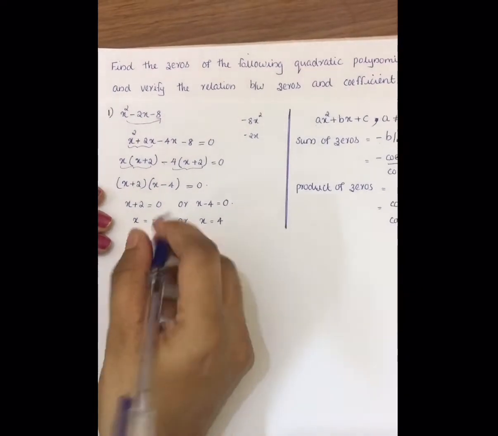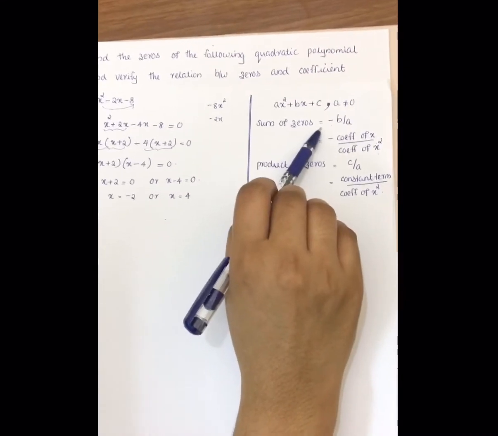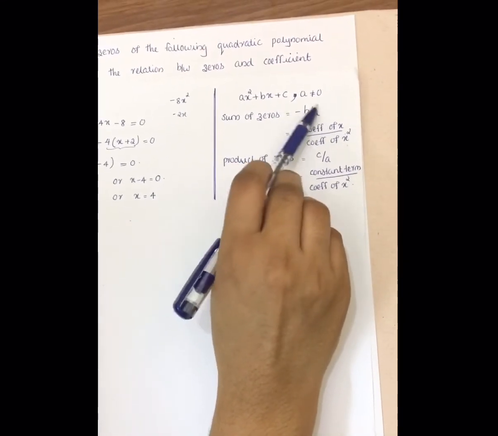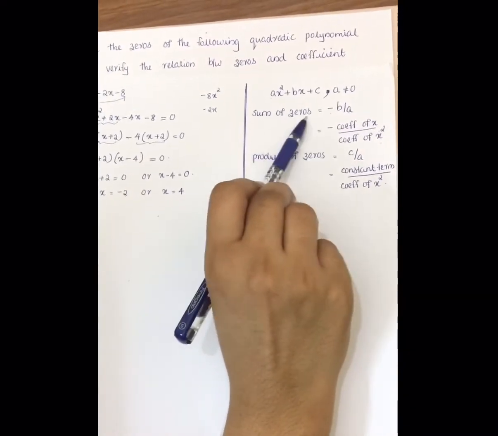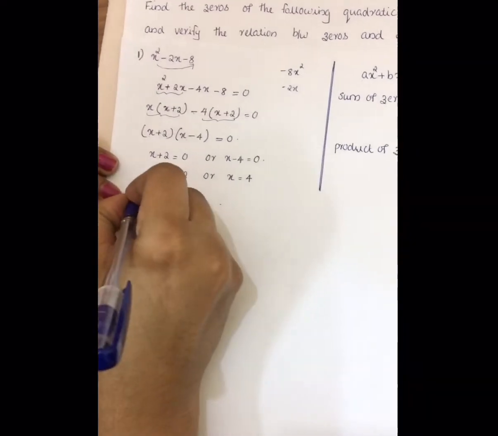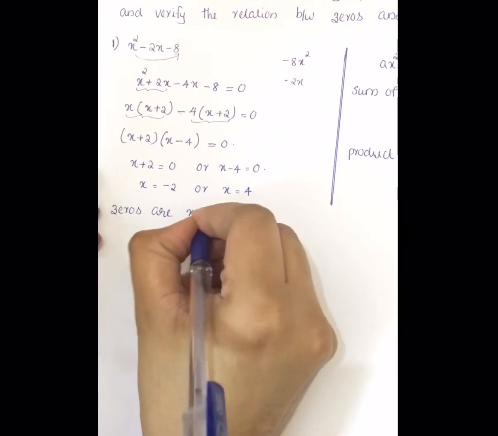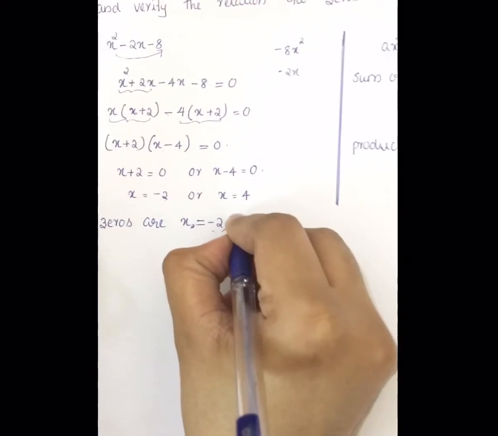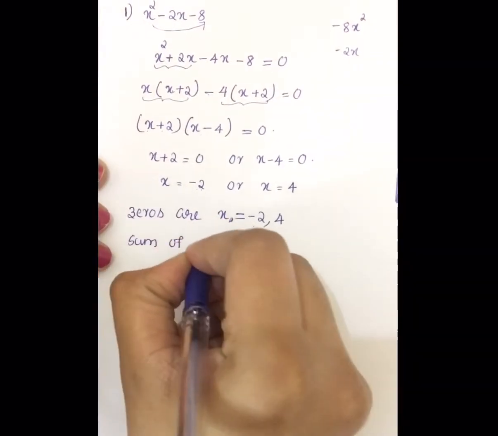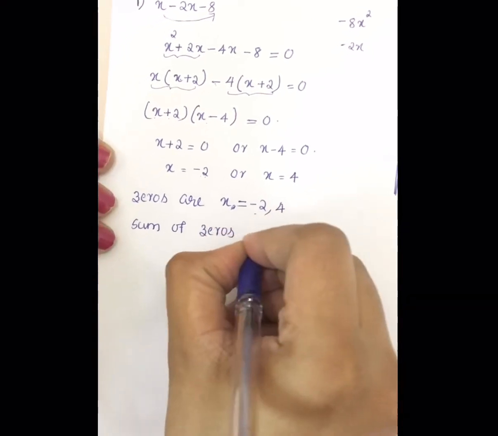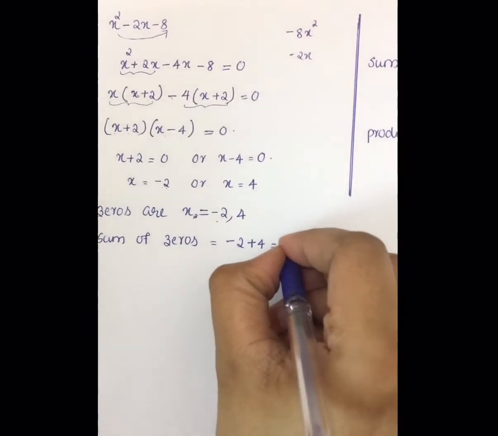Now we have to verify the relation. What is the relation? Sum of zeros equal to minus b by a, and similarly product of zeros is equal to c by a. The zeros are x equal to minus 2 and 4. The sum of zeros is minus 2 plus 4, which is equal to 2.